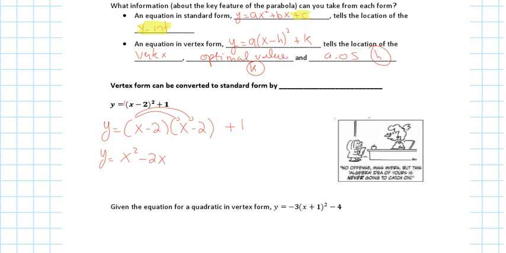Then the negative 2 times the x, that's my inner. Then the negative 2 times the negative 2. What's negative 2 times negative 2? Positive 4. Perfect. Plus 1, because I had that plus 1 from my question. So I did the FOIL, but that plus 1 is there, so I have to keep it.